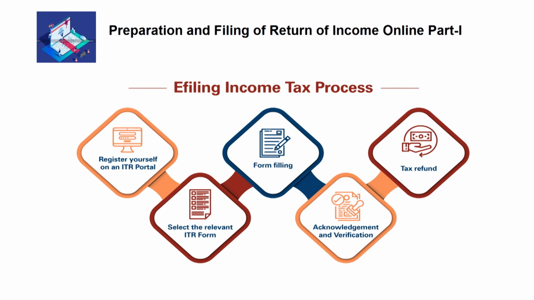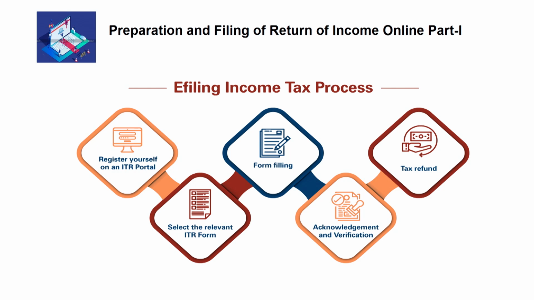And the fourth one is acknowledgement and verification. Verification is very important. Generally, at present, the process of e-verification is used by a large number of assessees. And after the acknowledgement and verification, the process of tax refund will go on.